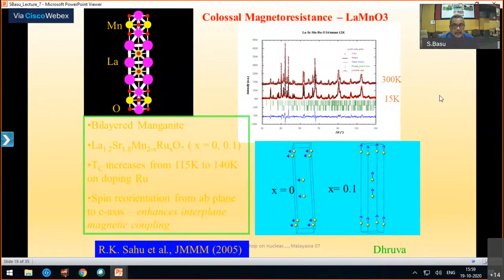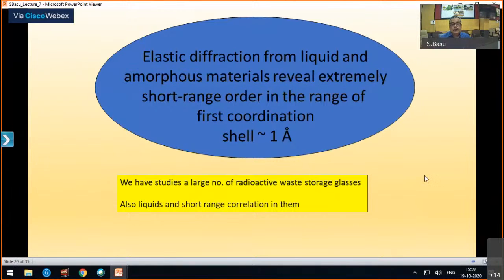So I think I will keep talking about the elastic experiments, because the next important thing is that so far, whenever the term diffraction came, we talked about crystallographic structure. But that may not be true all the time. In the next lecture, I will come to diffraction from liquid and amorphous materials. They're very important.